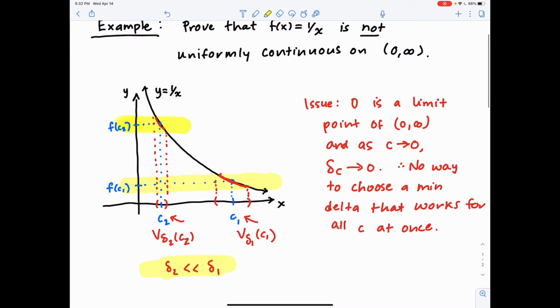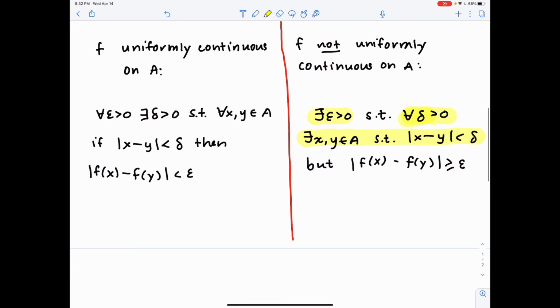Rather than always worrying about how I pick an x and y as I change delta, why don't I just come up with a sequence of values x and y that are getting closer and closer together as n goes to infinity, but their function values are going to be too far apart. So that's going to be the premise of the sequential criterion for the absence of uniform continuity. And so I'm going to present that to you here.